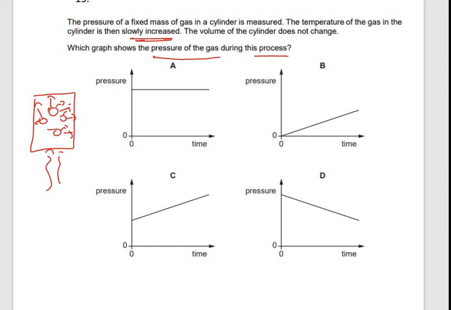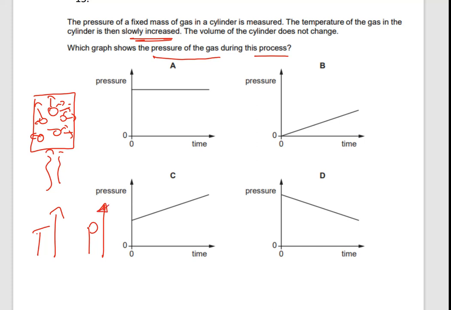When they move faster, they hit the walls of the container very frequently, which would increase the pressure. So as the temperature increases, the pressure in the cylinder will also increase.